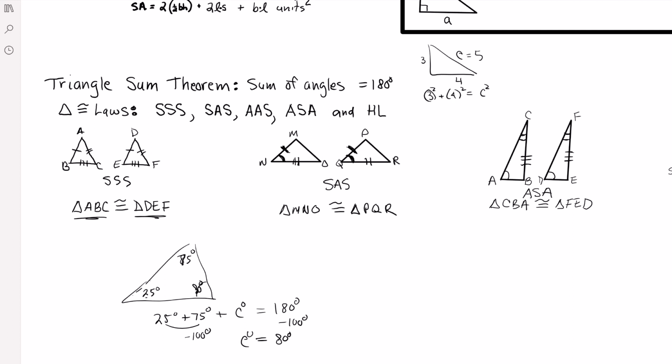So literally it's a side, an angle, and then a side. And if those are corresponding side, angle, side, if those corresponding things are congruent, then you know that those two triangles are congruent.